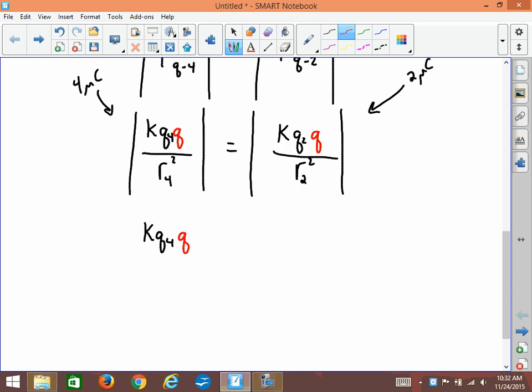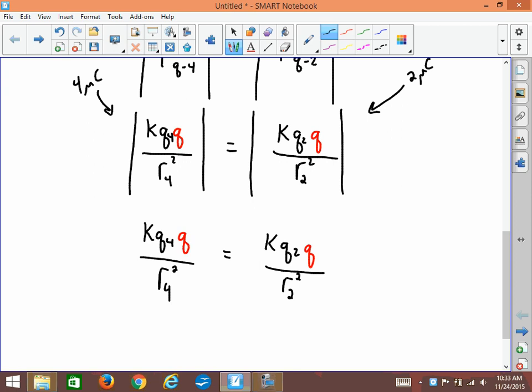So all these numbers are rewritten, with the understanding that we're just looking at the positive values of them. So there we go, and here's our little q, and then here is our R2 squared. That means that if there's a negative charge, it doesn't matter, right? If it's a positive charge, it doesn't matter.